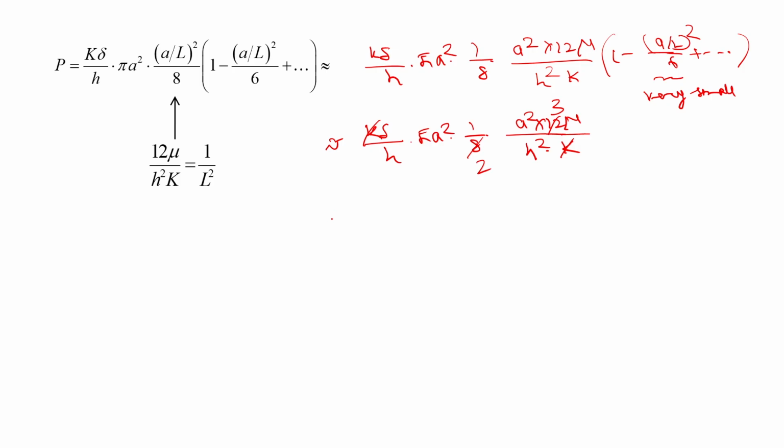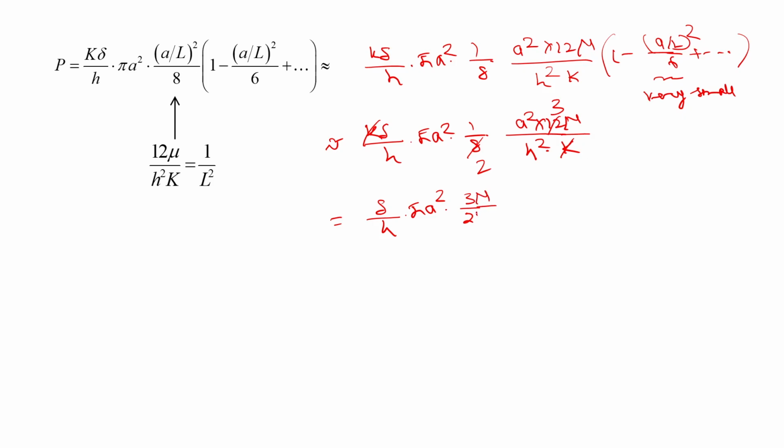So we are left with delta by h into pi into a square into, here it is 3 by 2, and this is h square over here into mu.